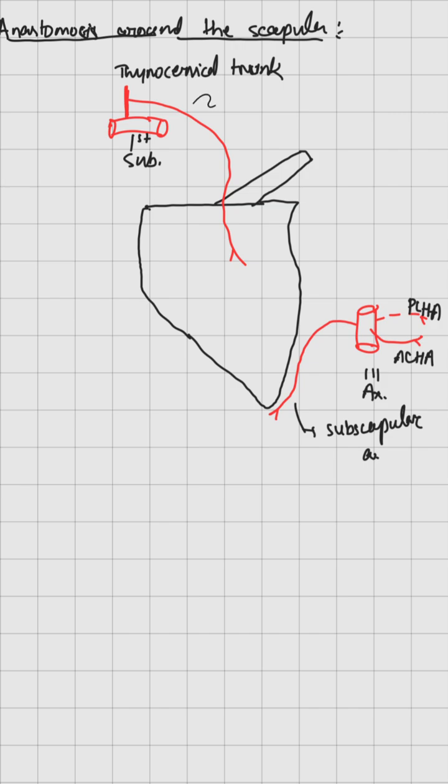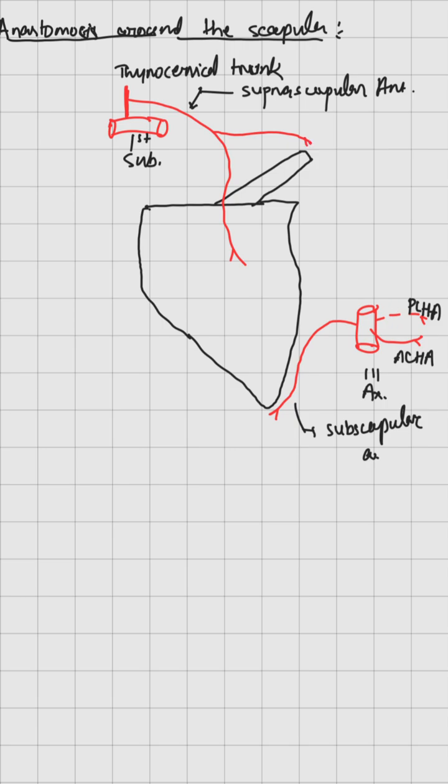This branch is the suprascapular artery, above the scapula. From suprascapular artery, there will be an acromial branch.